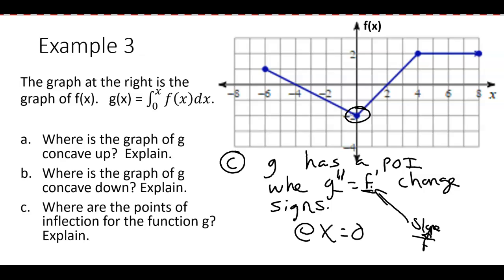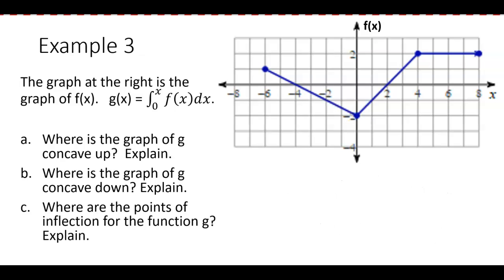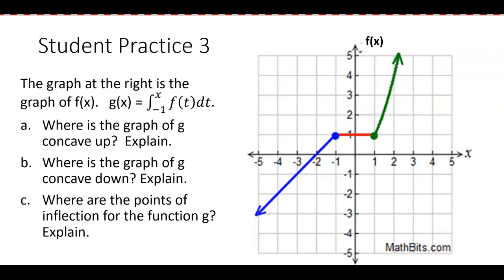I've never seen them give something ambiguous like this, so you don't have to worry about it. But I have seen them do things like this where it's smooth. Now, if it's smooth, the slope equals 0 and the slope is changing, right? But a cusp, I'm a little confused on, honestly. For now, I just want to write it like that, though, and we'll go with it. All right, so that's it. I'm going to let you guys practice that a little bit, and then we'll call it a day.